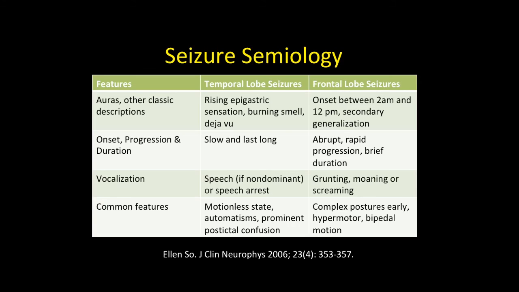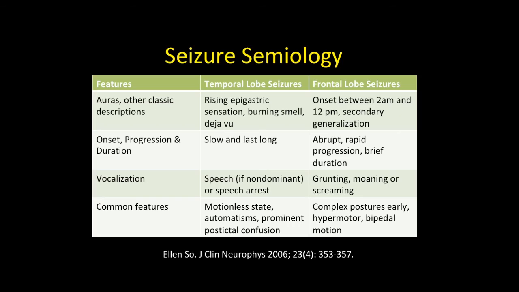All right, and then a nice little summary slide here that Tim Shepard lent me, differentiating temporal lobe from frontal lobe seizures. So you can look at the auras. The temporal lobe seizures will have kind of limbic system auras: burning smell, deja vu, epigastric rising. And the frontal lobe seizures usually happen at nighttime, and they're more motor.